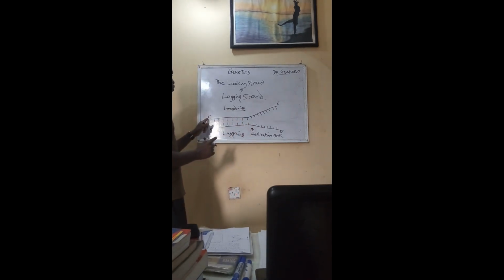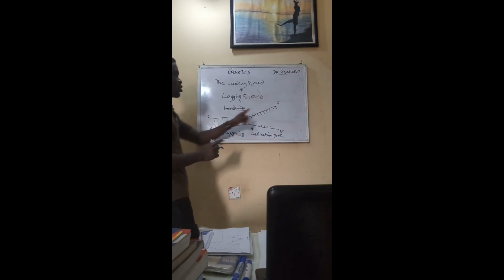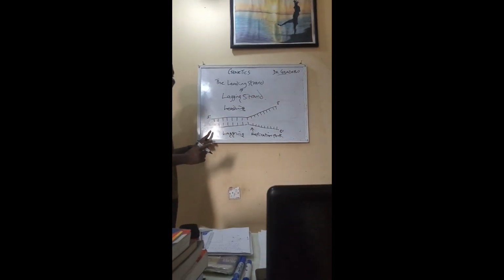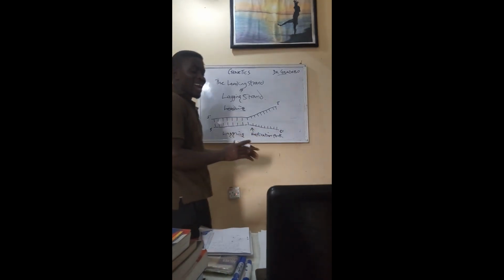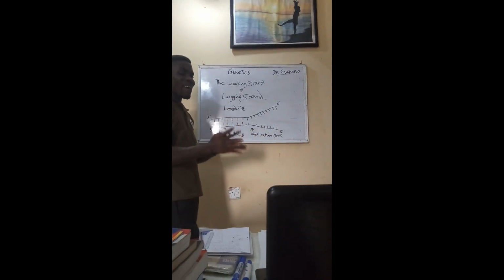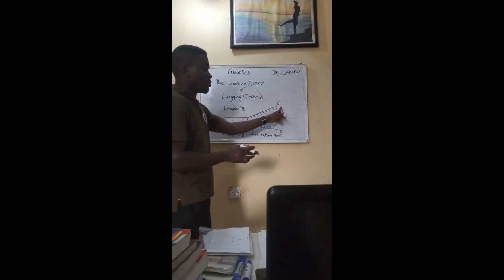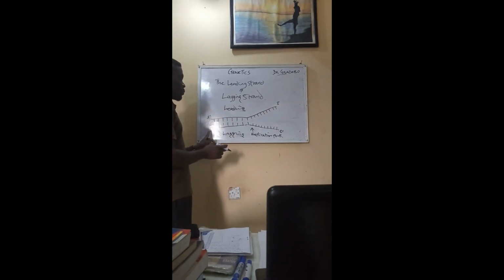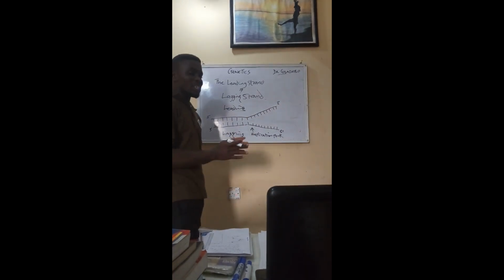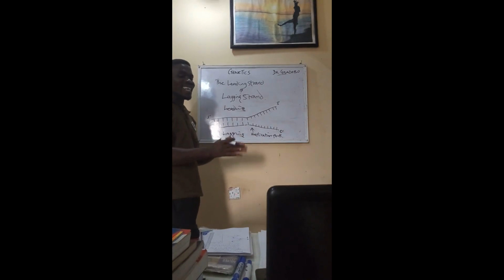One strand runs from 5' to 3', while the other strand runs from 3' to 5', and that is what we call the antiparallel nature of the double helix.